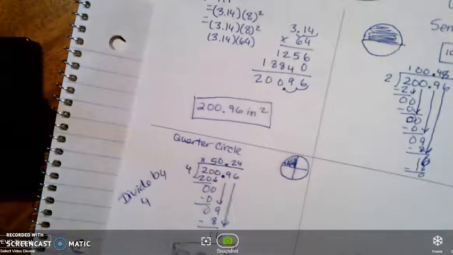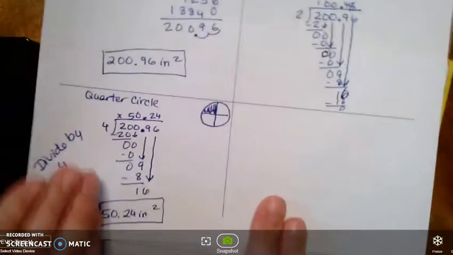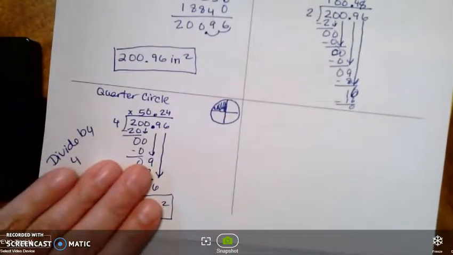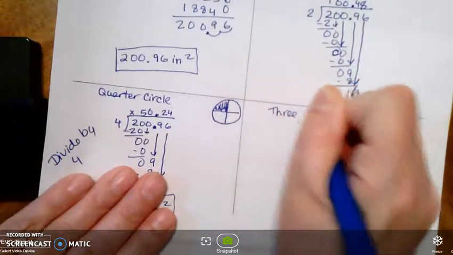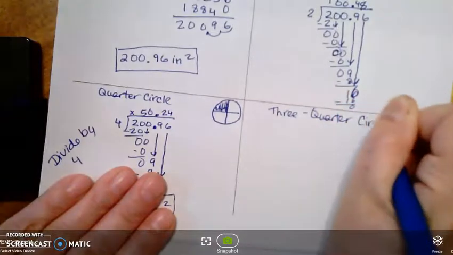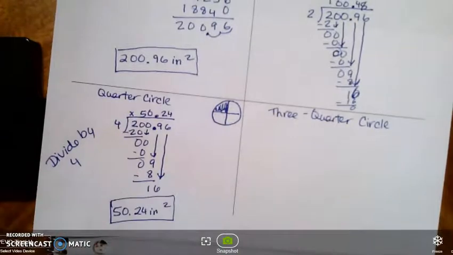Okay, so now let's come over here to the 3/4 circle. So there's a couple of ways you can do this, okay? I tend to do what I'm about to show you, okay?